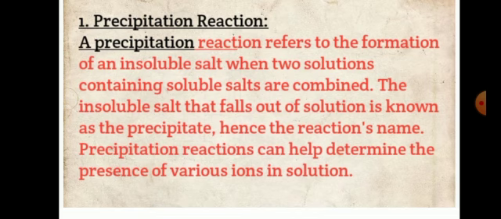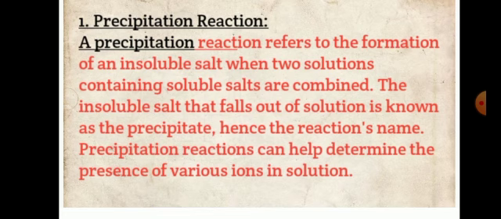A precipitation reaction is a reaction in which an insoluble salt is formed when two solutions containing soluble salts combine together. So it is your double displacement reaction, but in this type of reaction, the difference is that there will be a precipitate in the reaction. So that is the only difference in your precipitation reaction.